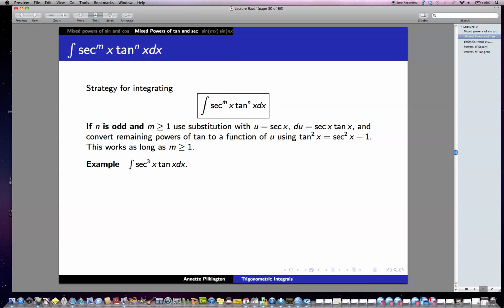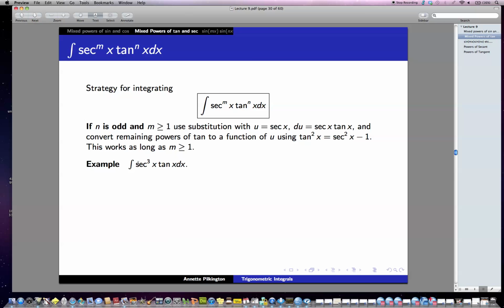So I need the power of secant to be at least 1 in order for this substitution to work. Then I can convert the remaining even powers of tangent to powers of secant using this formula, and I'm left with the integral of powers of u.